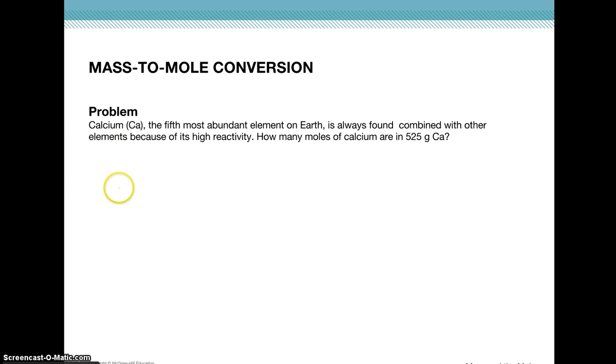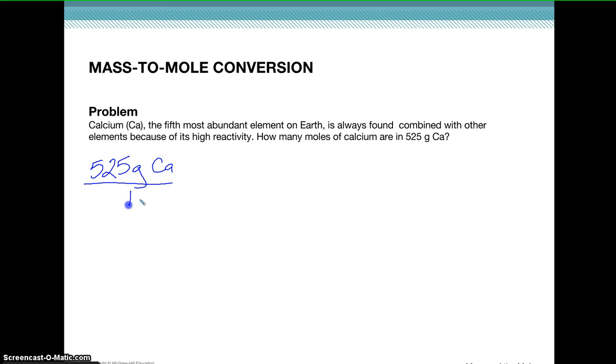Let's do another problem. Calcium, the 5th most abundant element on Earth, is always found combined with other elements because of its high reactivity. How many moles of calcium are in 525 grams? We start with what we're given, 525 grams of calcium over 1. Find calcium on your periodic table; we need its molar mass. This time, because we're trying to get rid of grams, our moles go on top, and our molar mass, 40.08 grams, goes on the bottom.